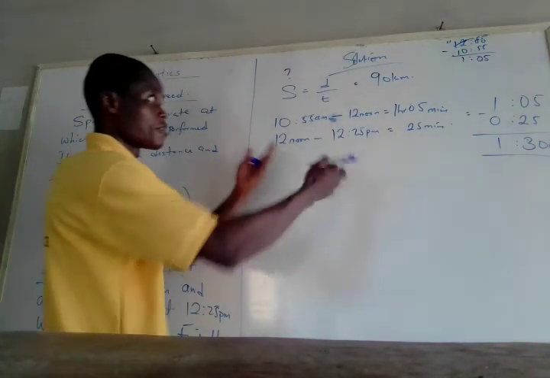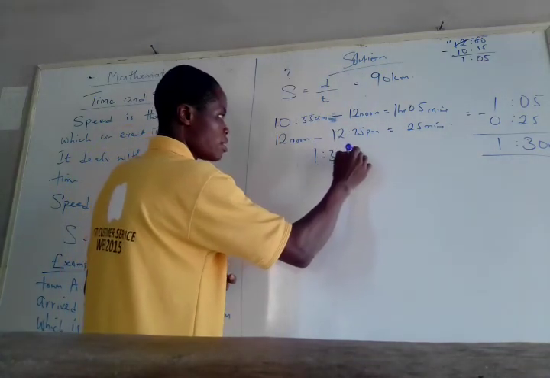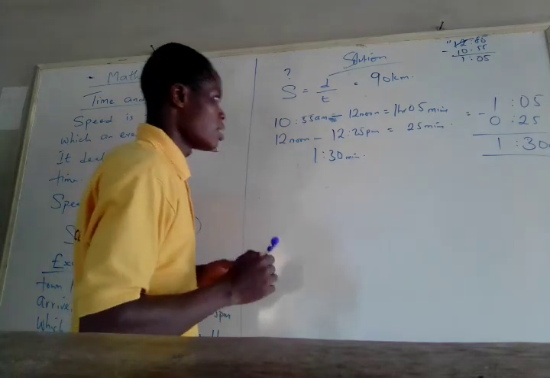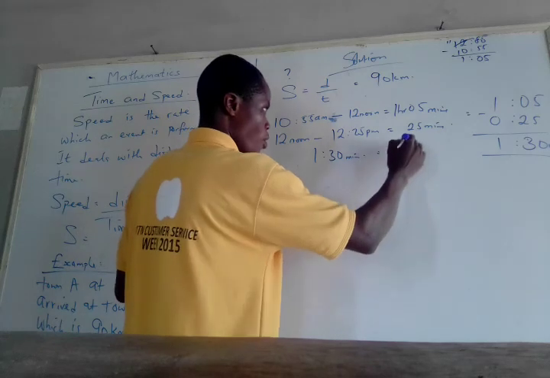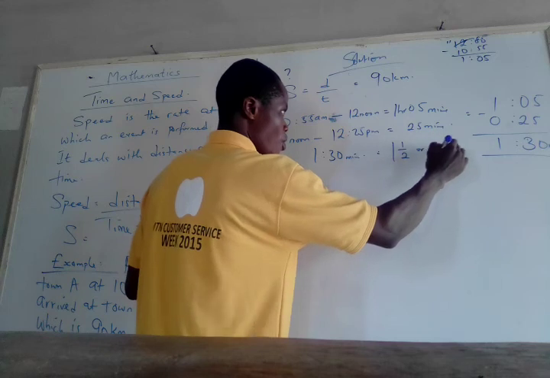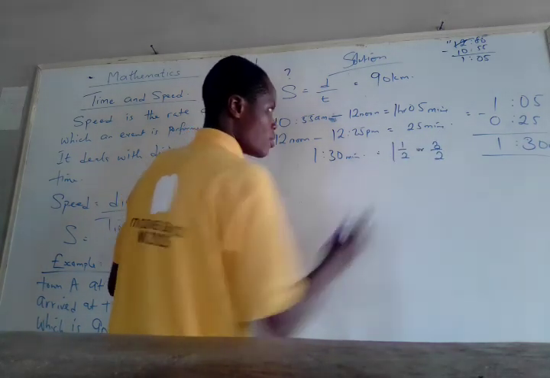And this we can convert into a fraction, using our knowledge of fractions. With 1 hour, 30 minutes, we can always convert it to 1 whole number and 1/2, or 3/2. That is 2 times 1 plus 1, 3 all over 2.